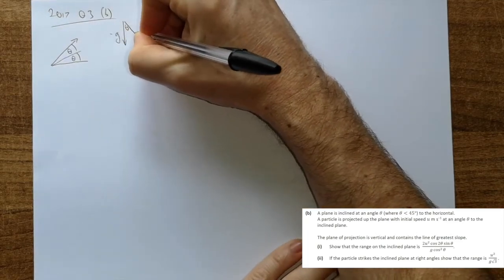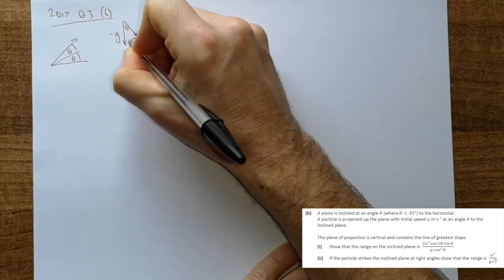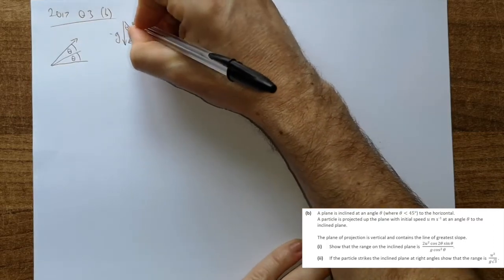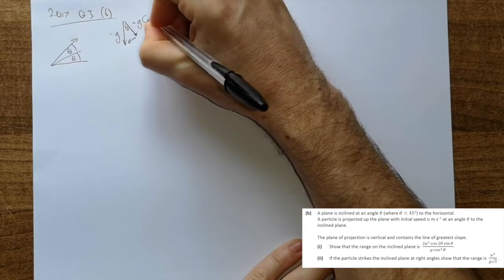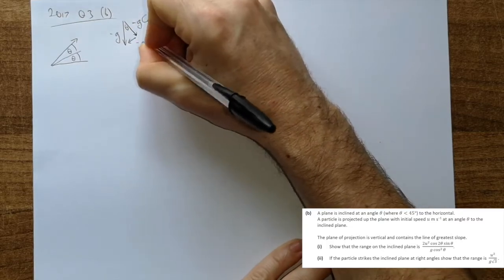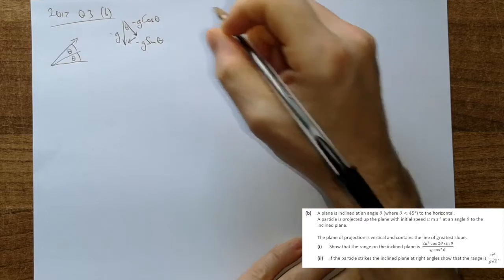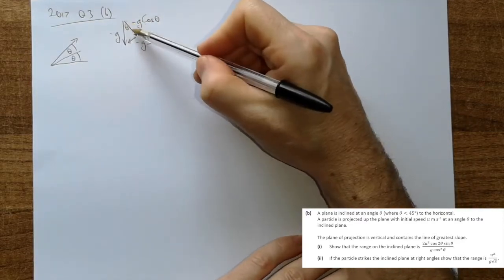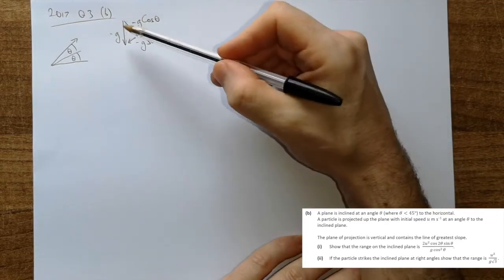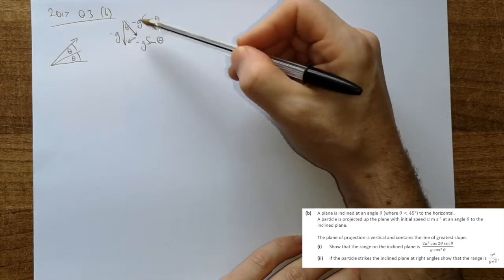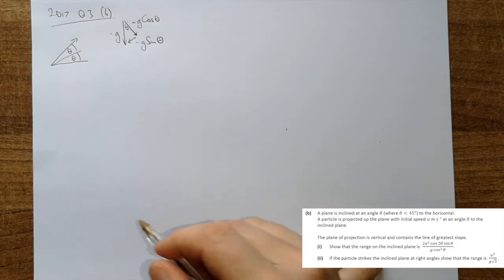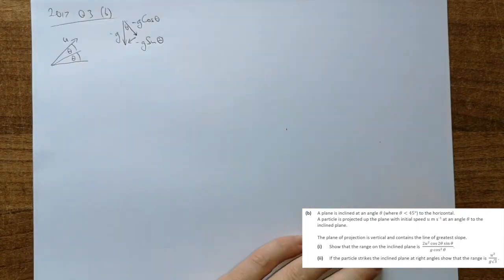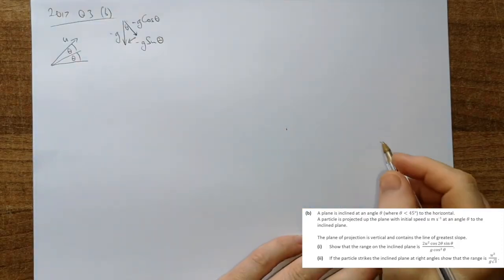So we have theta in there, and there's our two components: minus g cos theta and minus g sine theta. The eagle-eyed amongst you would realize I should really have done this with dotted lines in a different color, just to show that they are a different representation of the same thing, not all three happening together. And that was projected up with speed u.